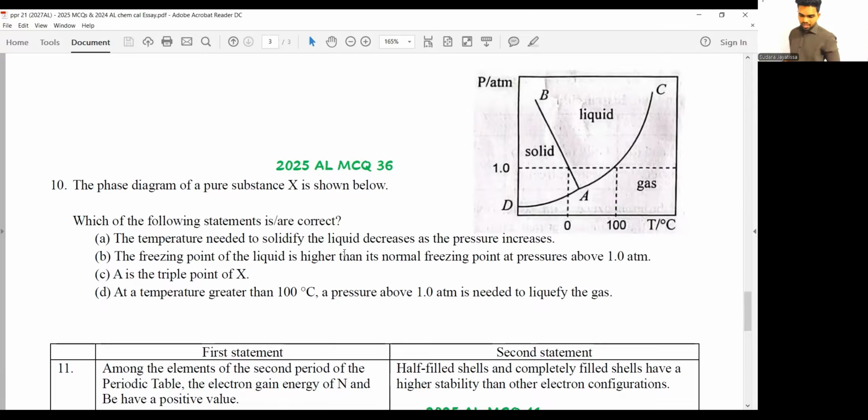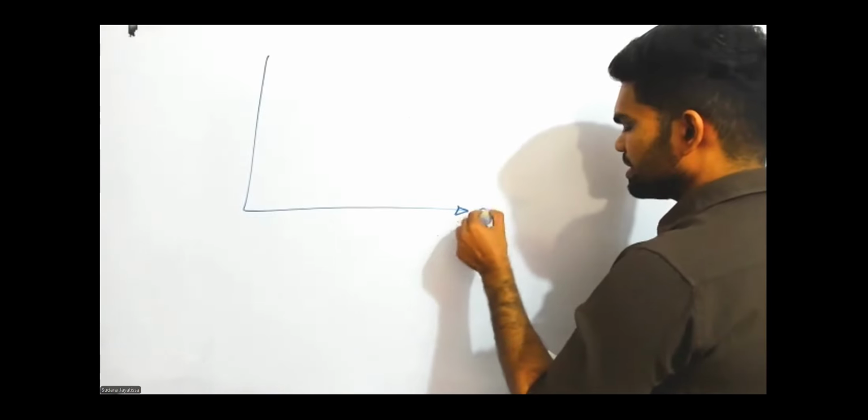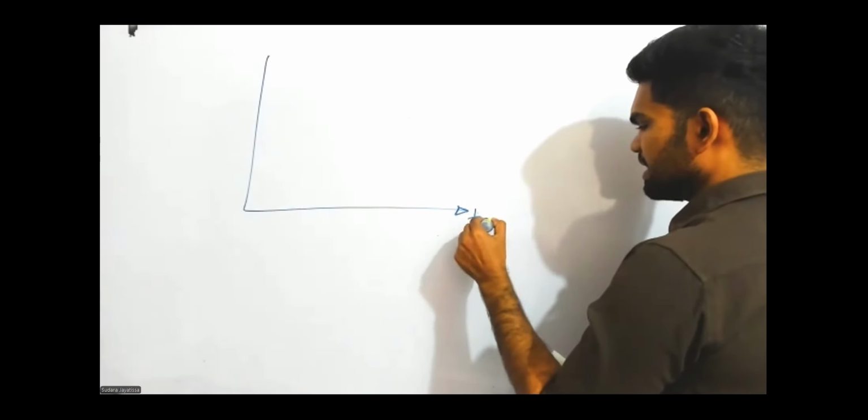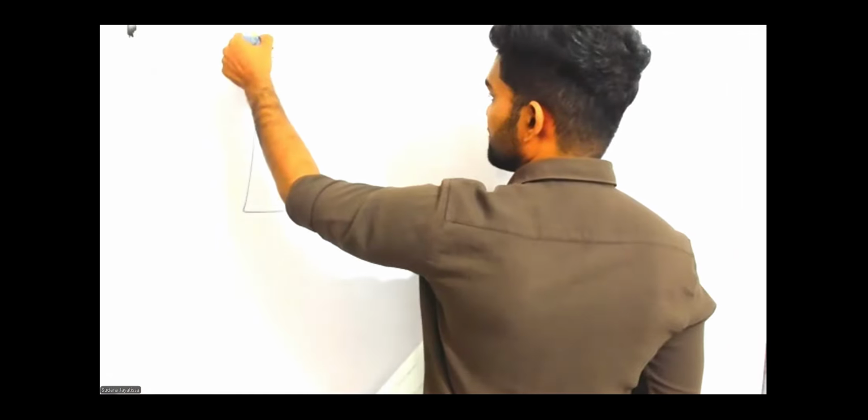See that? The temperature needed to solidify the liquid decreases as the pressure increases. I want to explain that one fully. Now this phase diagram shows you the relationship between the temperature and pressure on the physical state of a given matter.